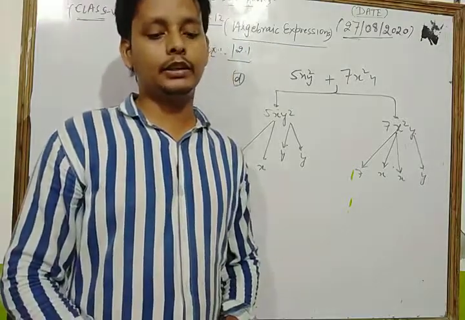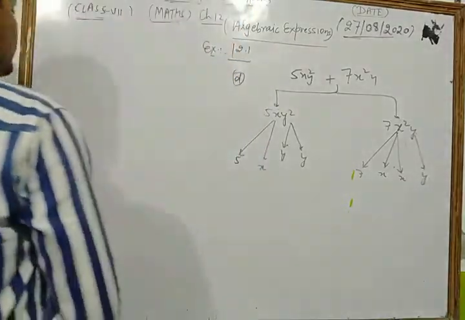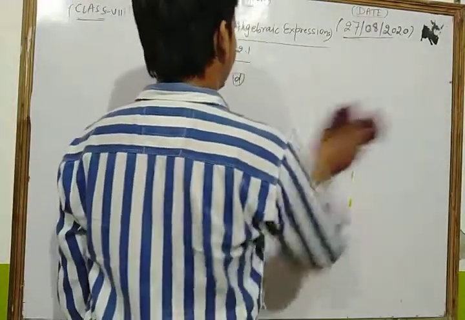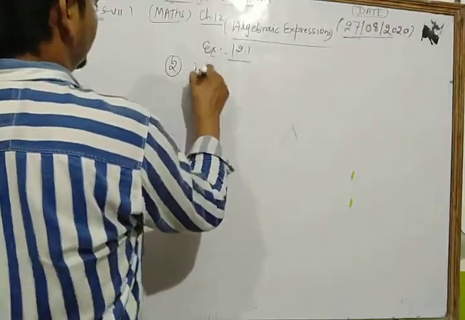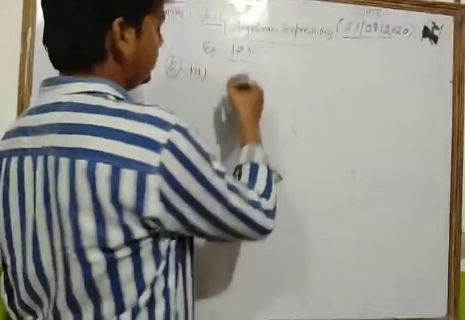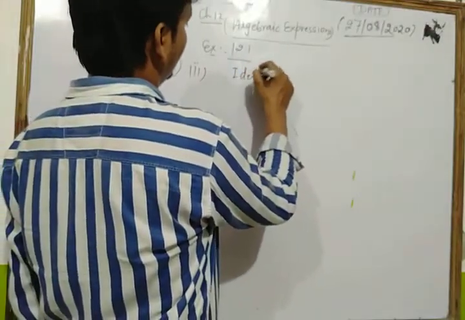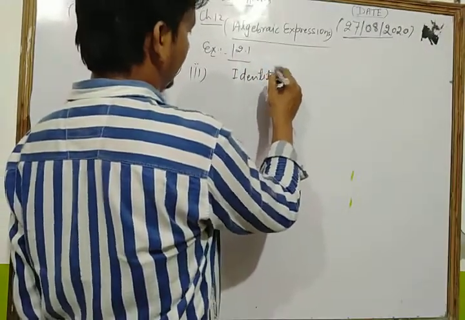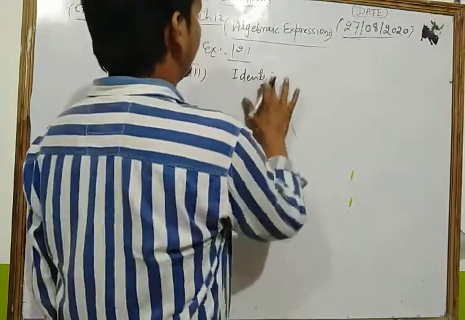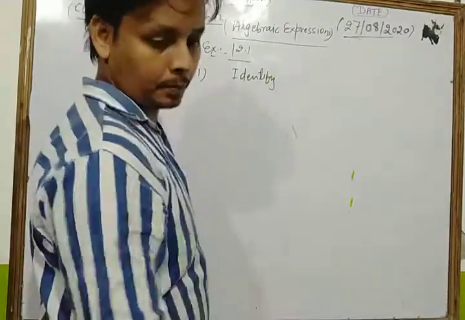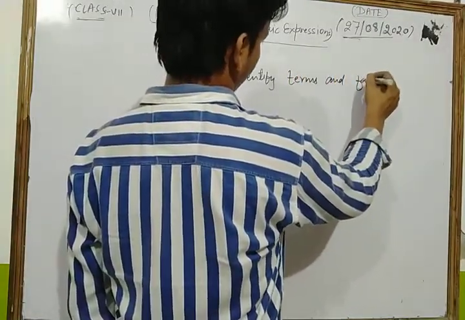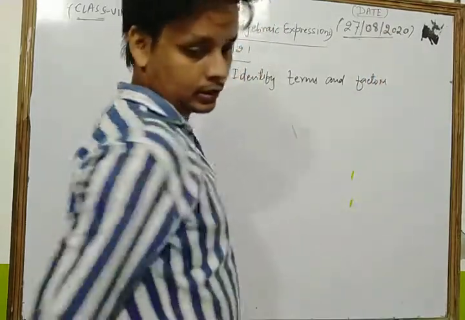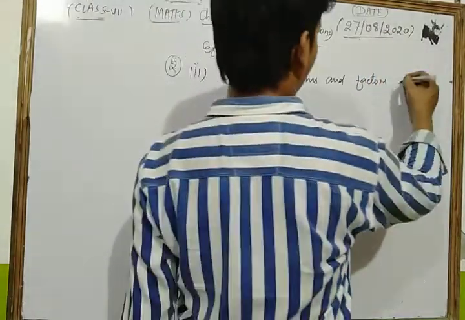Now we take and solve the next part of this question. Let's see the second part of the second question. Identify terms and factors in the following expressions.